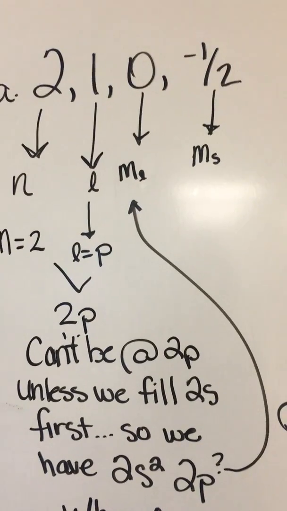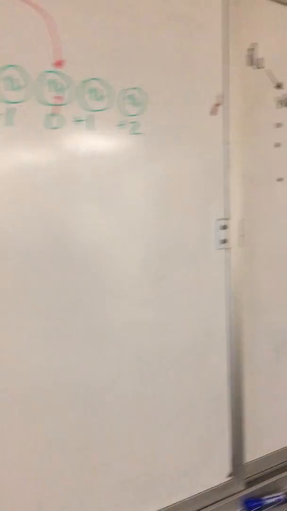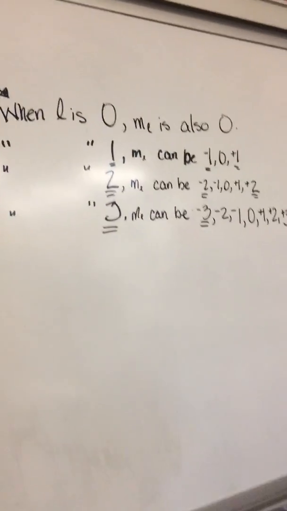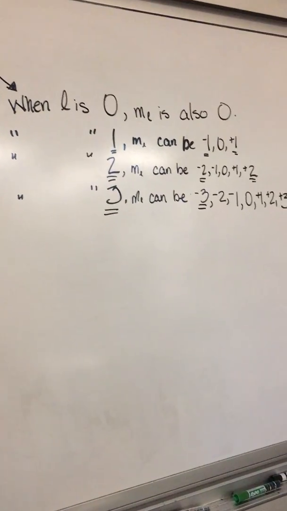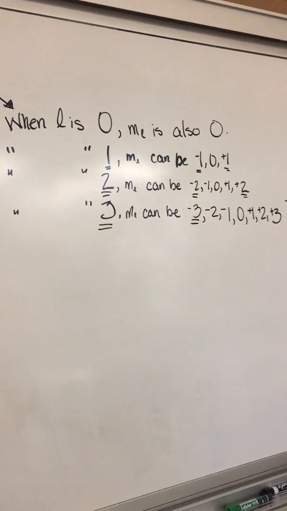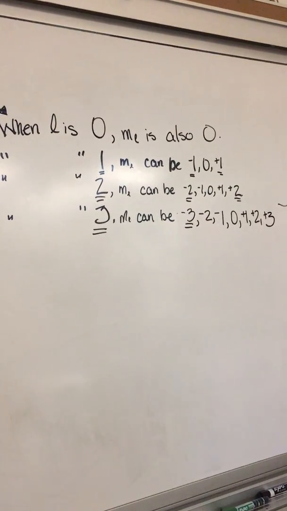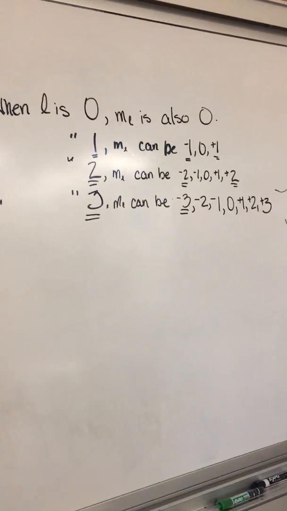So let's look at m sub l for just a minute. Okay, so m sub l, when l is 0, m sub l is also 0. This is in your notes. When l is 1, m sub l can be -1, 0, +1. So when it's 1, it can be anywhere from -1 to +1.